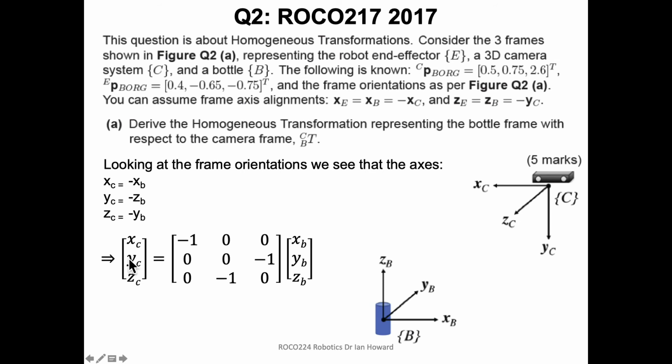In the second case, we want to pick out yC equals minus zB, so it's 0, 0, minus 1. We pick out this value and change the sign. The third line shows us that zC has got to equal minus yB, so we have a 0 there, a 0 there, and we put a minus 1 in there to pick out that value. So that gives us the rotation matrix between B and C, that rotates frame B into C.